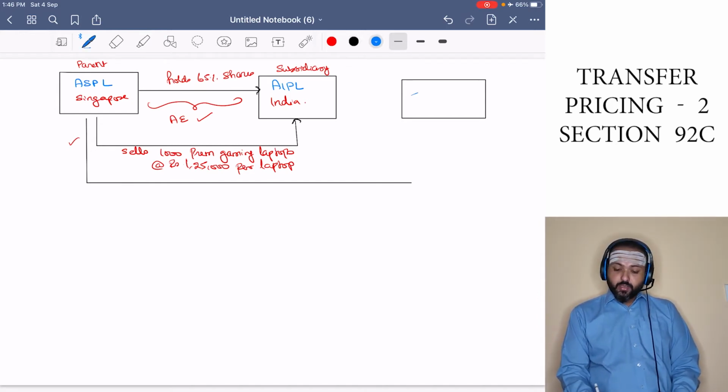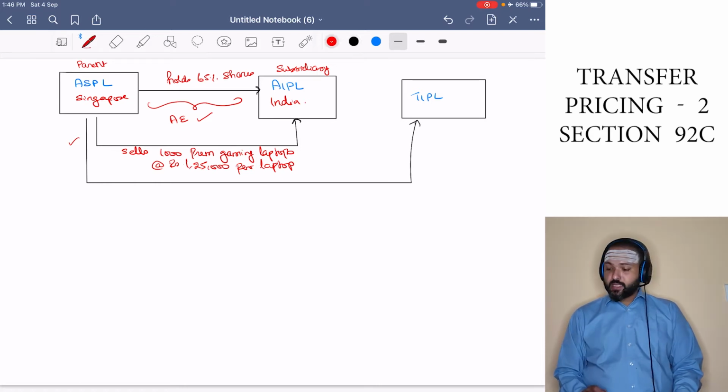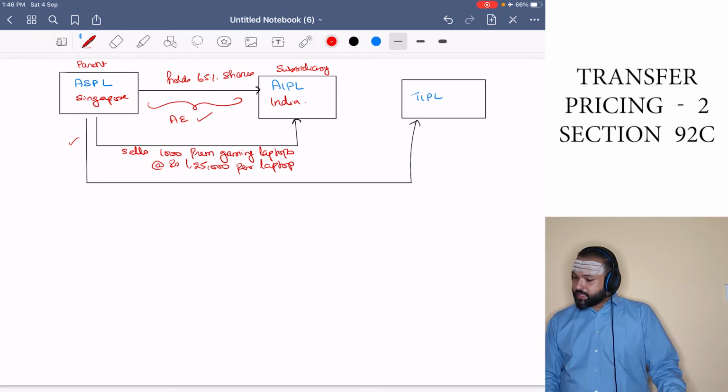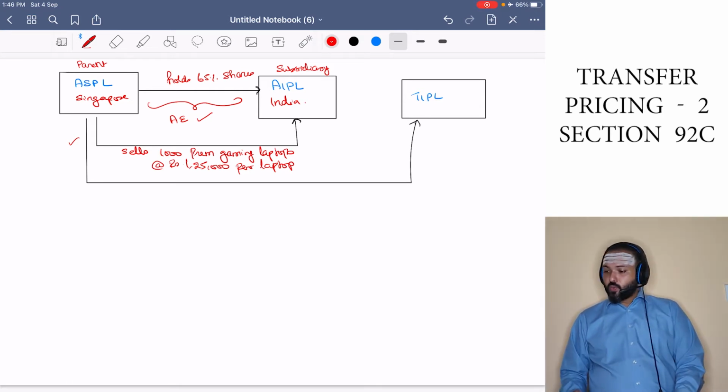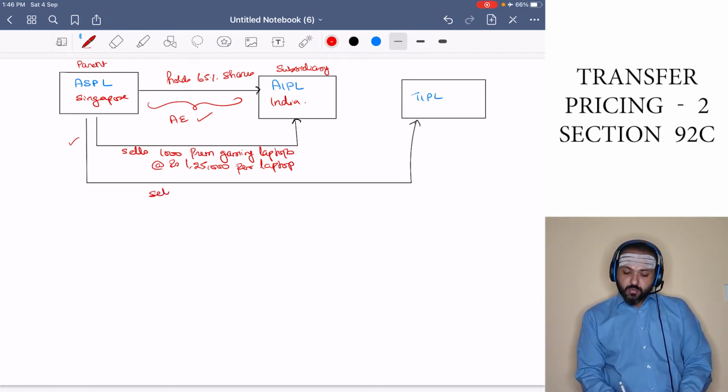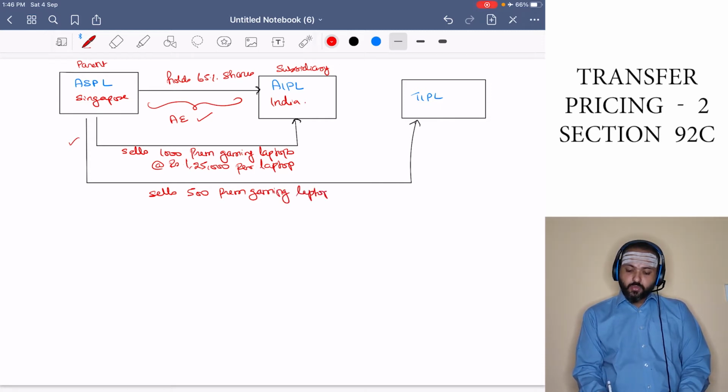I will name it TIPL. And how many units are they selling? They are selling 500 premium gaming laptops at rupees 1 lakh per laptop.